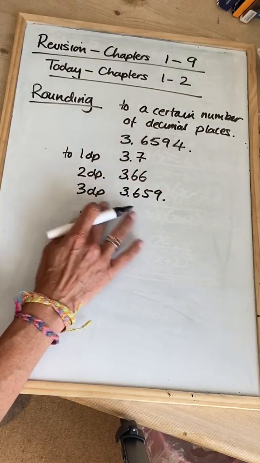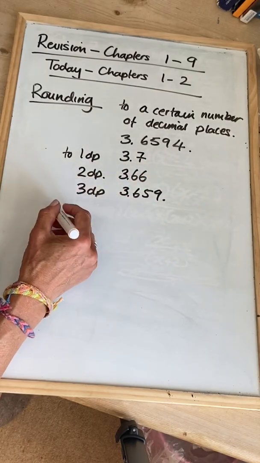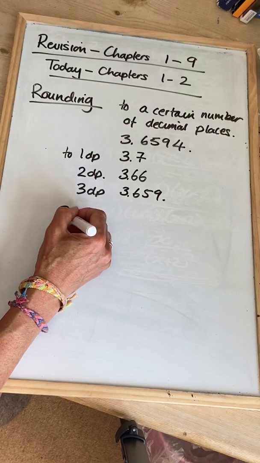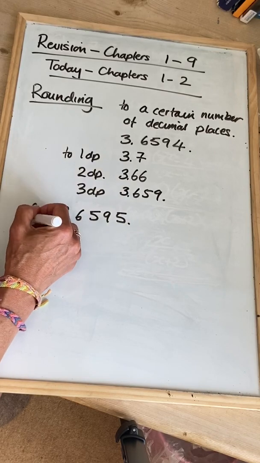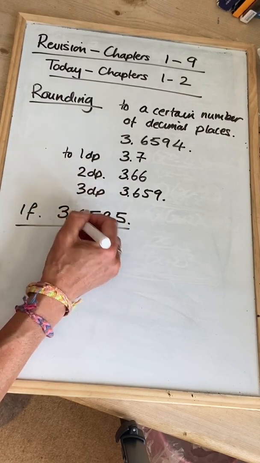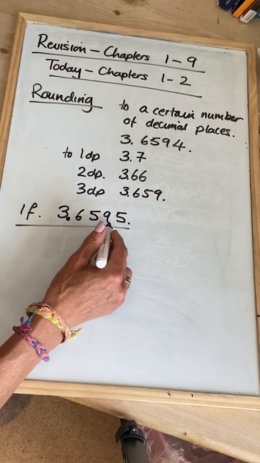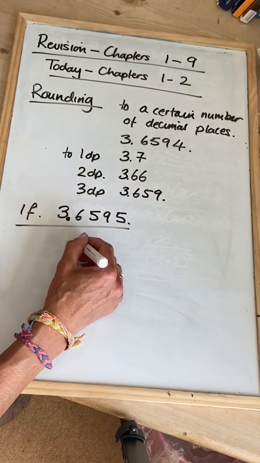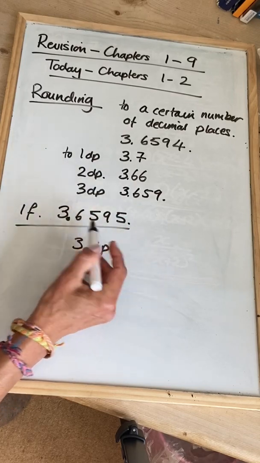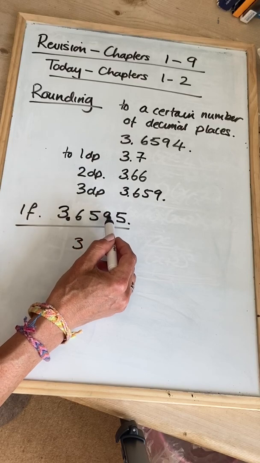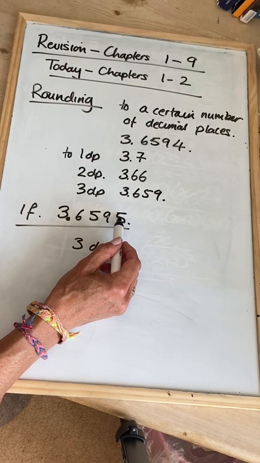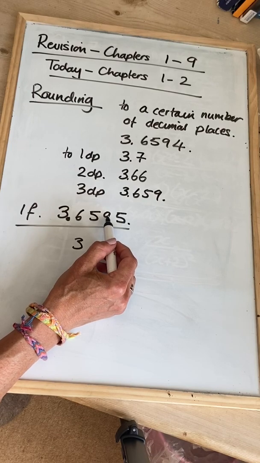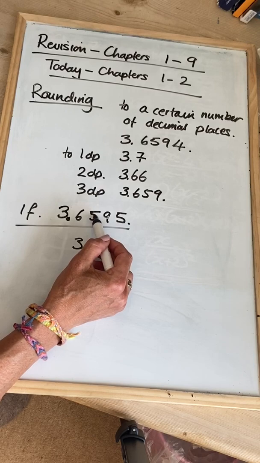Now, just one little thing to bear in mind, if I'd had 3.6595, so 595 was the one that I was rounding to 3 decimal places, I would go 1, 2, 3. That 9, looking at the next decimal place, would have to go up. So that 9 would have to go up to a 10, which would make that a 6.